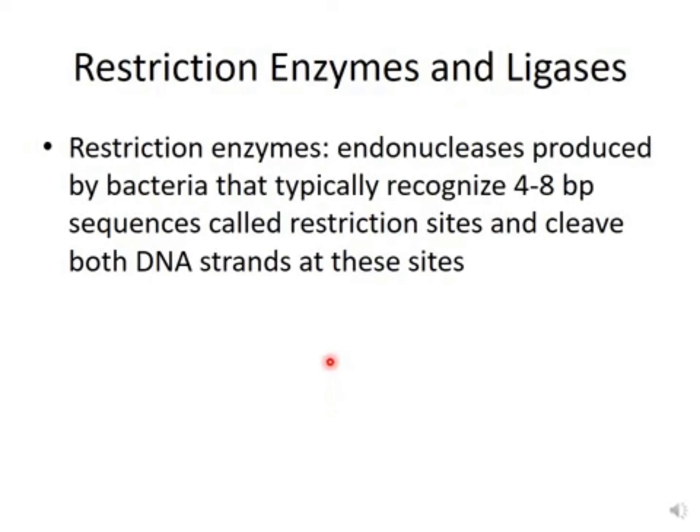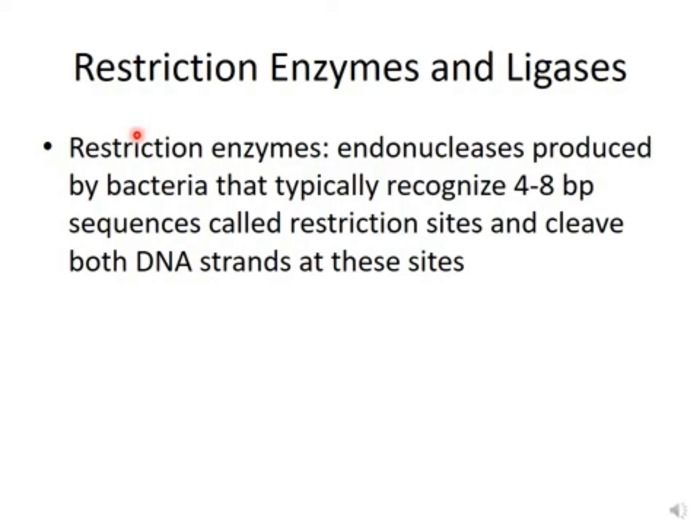So in order to cut out and insert and stick the DNA sequence that we want to the vector that we discussed, we need specific enzymes. The enzymes that cut the DNA are called restriction enzymes. These restriction enzymes are endonucleases. They are usually produced by bacteria.